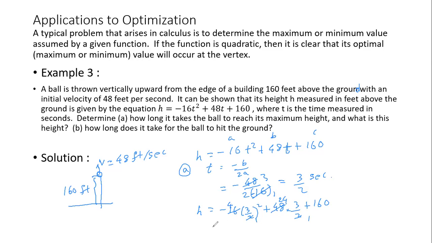This is 9, 3 square is 9. 9 times 4 is negative 36. Plus 3 times 24 is 72, plus 160. This is positive 36.